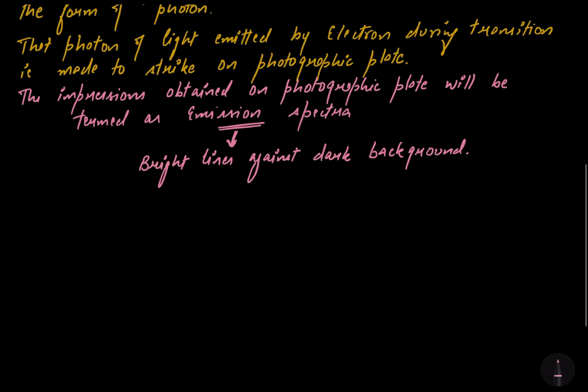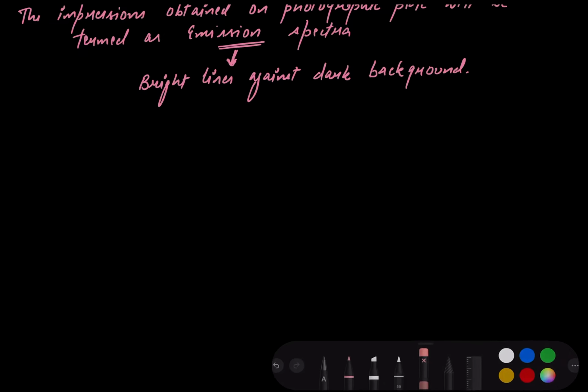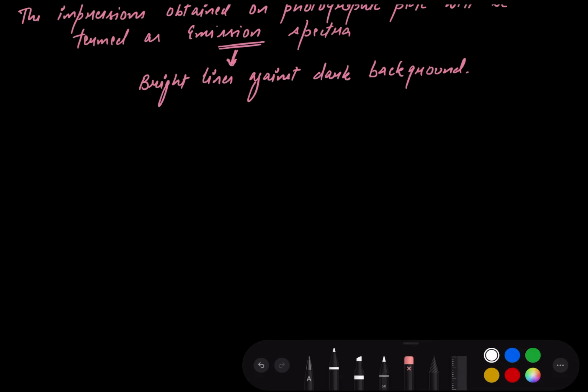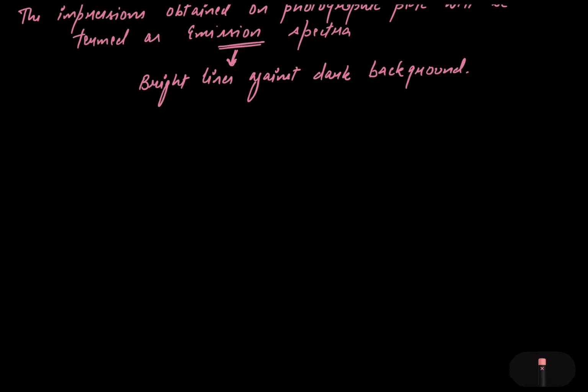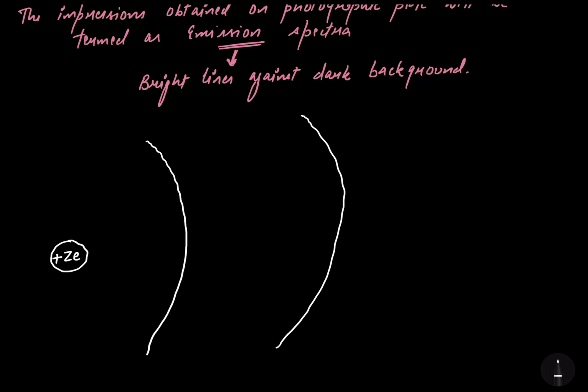So let's come to the diagram. We have plus Ze, that's my nucleus. Assume this is the first stationary state and this is the second stationary state.